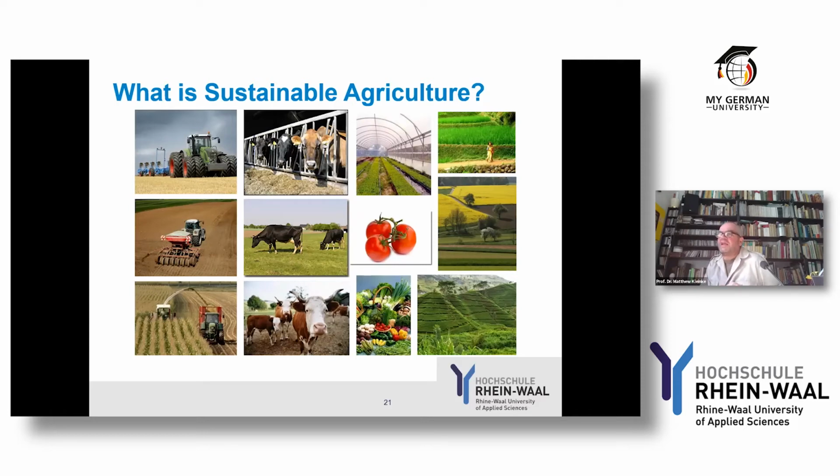What is sustainable agriculture? Actually, we have a wide range of different practices in agriculture. Agriculture is such a wide field, from very small and tiny farms to huge food production enterprises. Horticulture varies from the classical agricultural production.